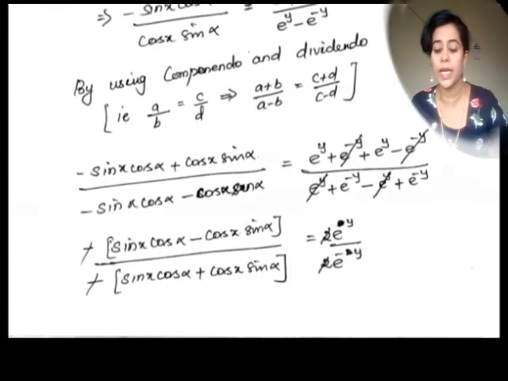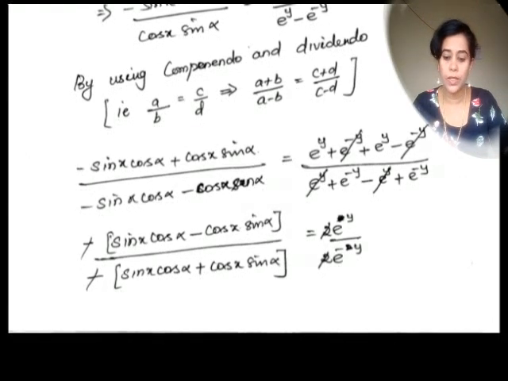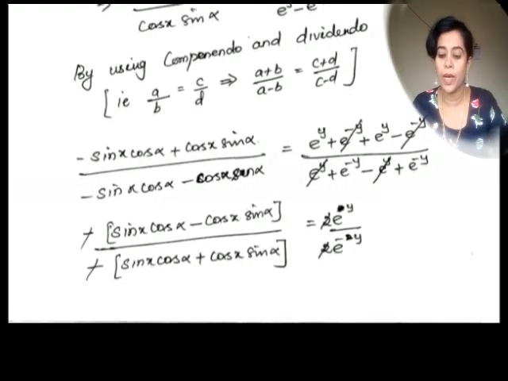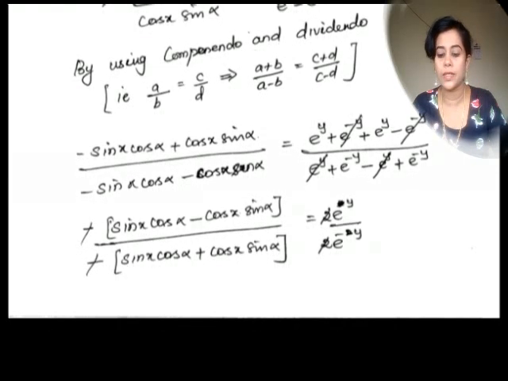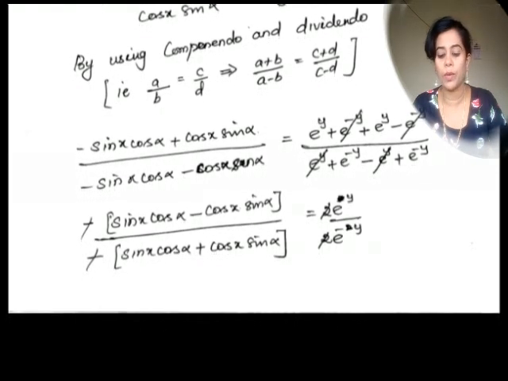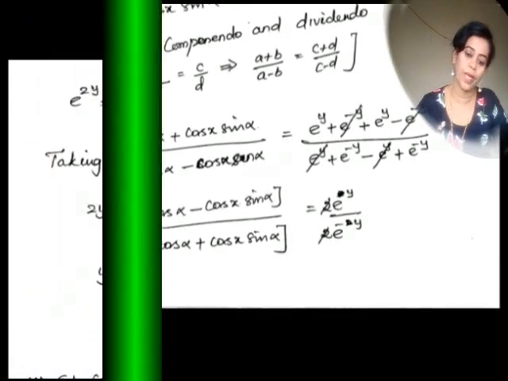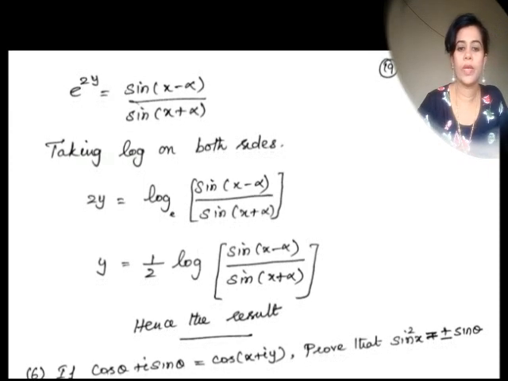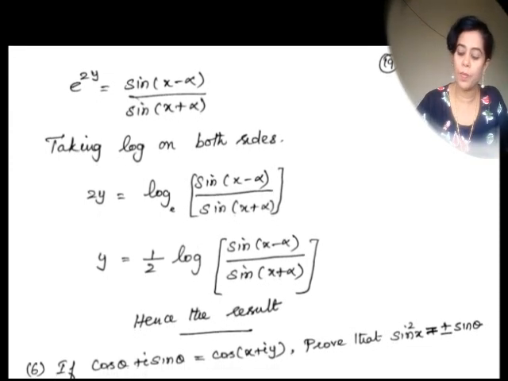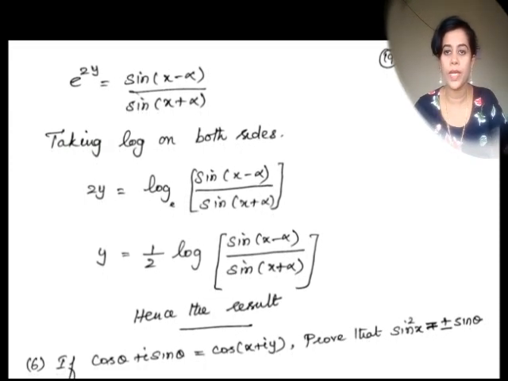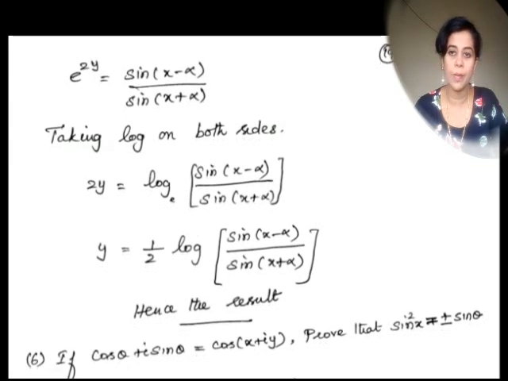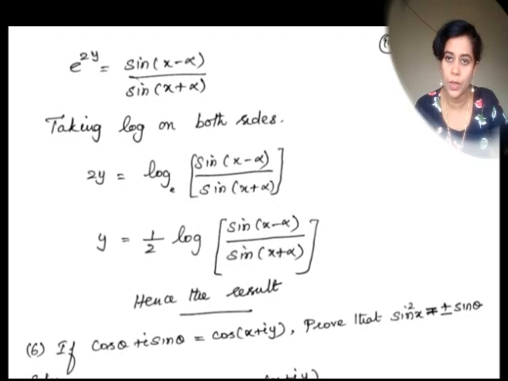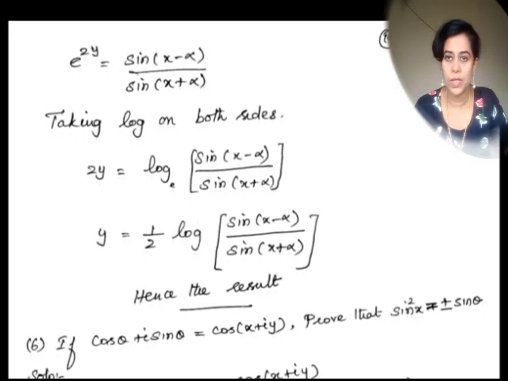What about the right hand side? We can cancel the similar terms: e power minus y and minus e power minus y cancel, and in the denominator e power y and e power y cancel. The remaining is 2 times e power y divided by 2 times e power minus y. The resultant is e power of 2y, because e power y divided by e power minus y, bringing it to the numerator, is e power y into e power plus y.